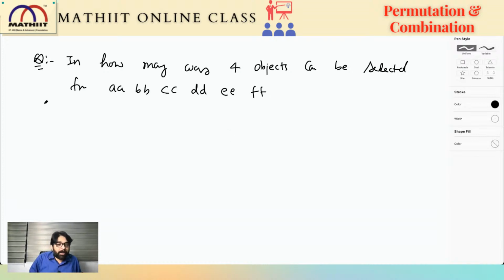Correct? Four objects I have to select from this. I cannot say how many objects? 1, 2, 3, 4, 5, 6, 12 objects total. I cannot say 12C4. I have to make cases. What cases, sir, you will make?